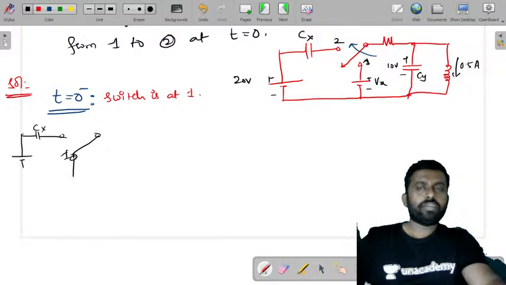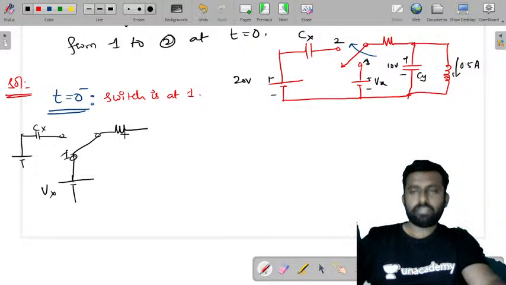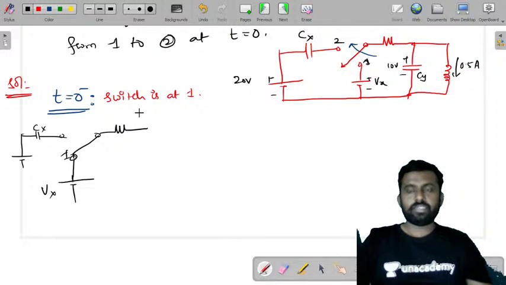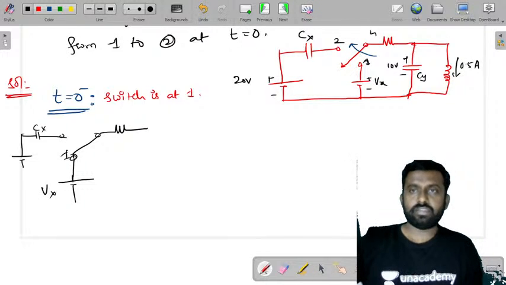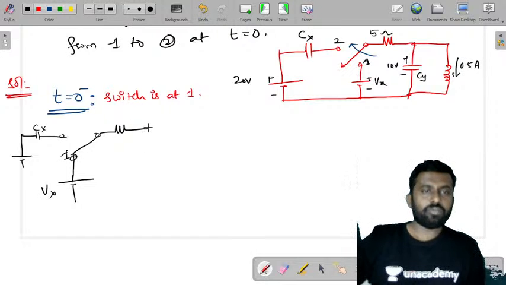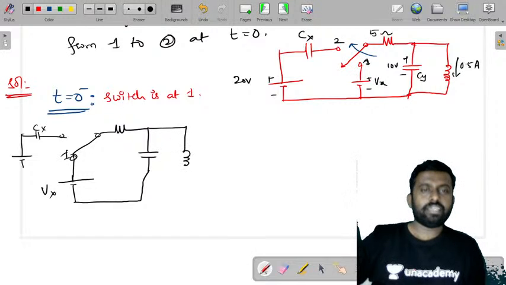This is the 1 point. There is a resistor here, taken as 5 ohms, and there is a capacitor and an inductor.